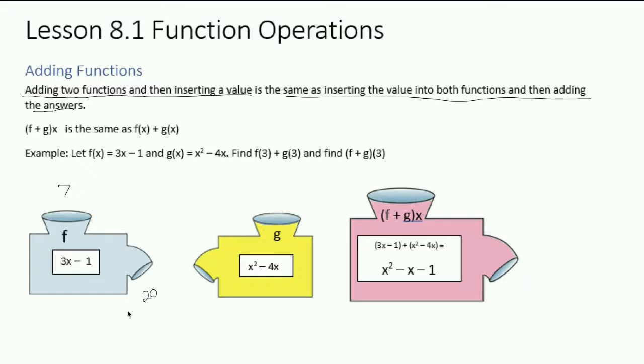So if I drop a 7 in there, out will come a 20. If we drop a negative 15 in there, 3 times negative 15 is negative 45 minus 1, out comes a negative 46.